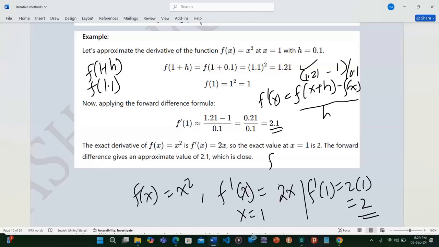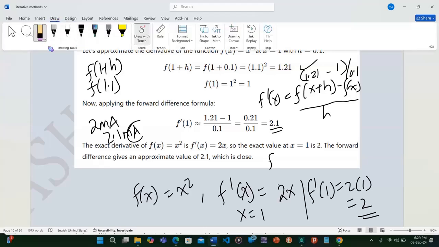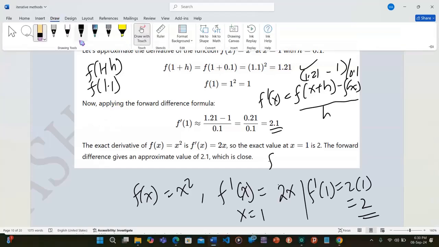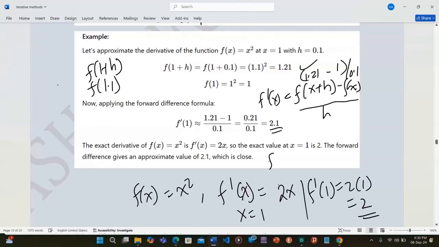If you are talking about milliamps, if you want only 2 milliamps and you send 2.1 milliamps, this can have a devastating effect on devices. So it is very important to know that these are approximations, and somewhere they can apply, and in other areas they may not apply. So this is the forward difference.